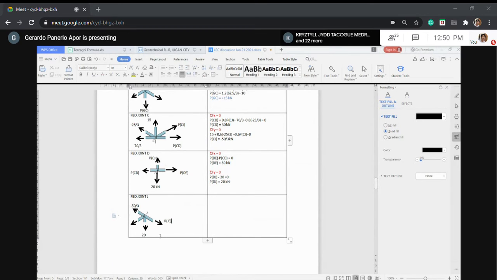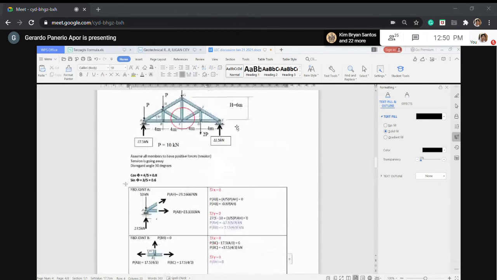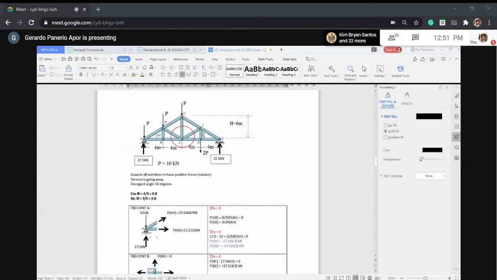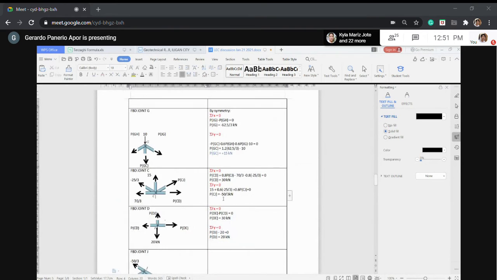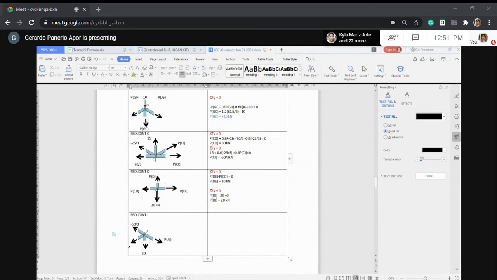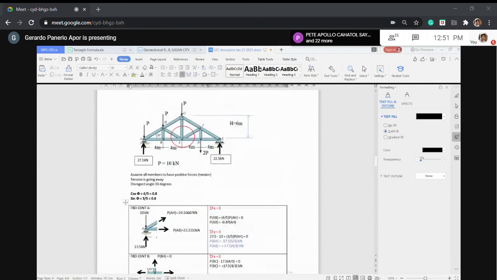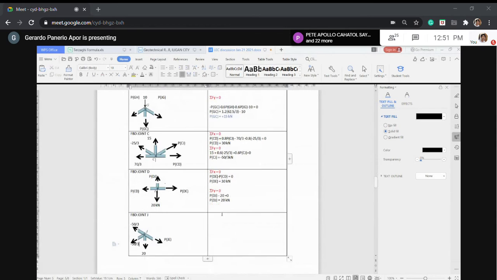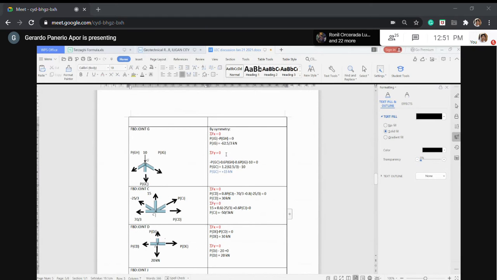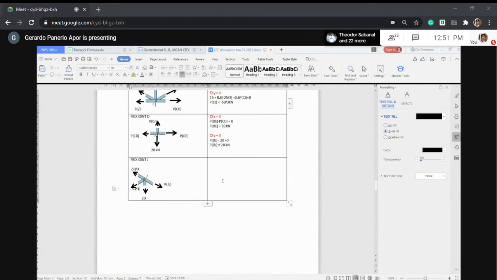Maybe we can do this by summing up forces horizontal, and this one is CG. We have CG here minus 50 divided by 3. But this one is GG. So instead of 62.5 over 3, this is negative 62.5 divided by 3.